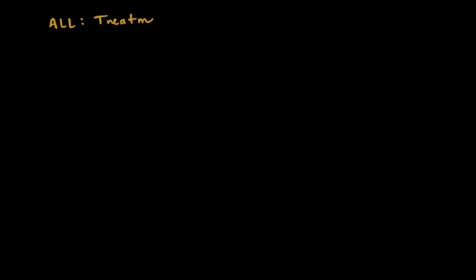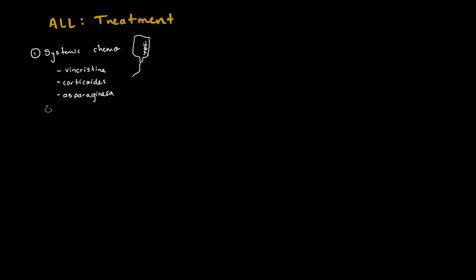We're going to review the treatment for acute lymphoblastic leukemia. Chemotherapy is going to be very efficient in children. So, first, we have chemotherapy agents, and the first step is to eradicate all these blasts, right? To less than 5% of the blood count.